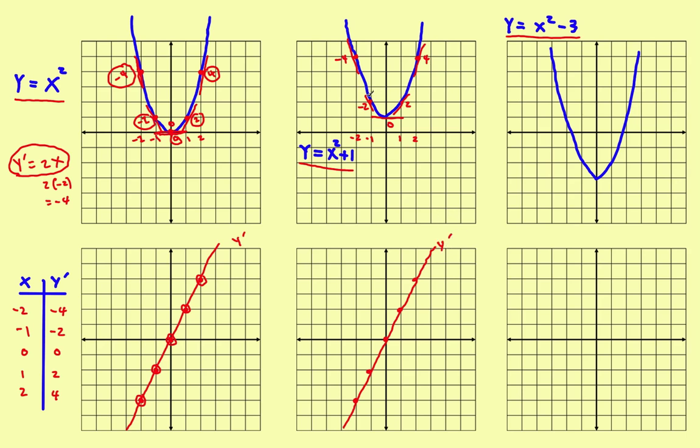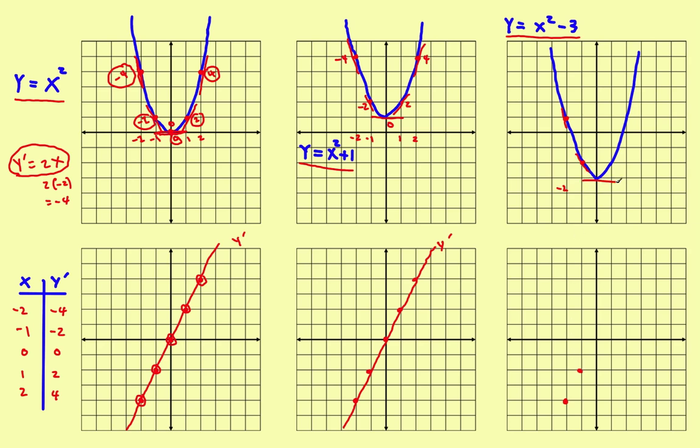So just remember that the graph of the derivative is based on the slope of the tangent line at any point. And on this one, if you were to do the same thing, if you were to go to -2, we'll run across here, -2, then the slope here would be a -4, and you'd get exactly the same graph. So at -2, you'd have -4. The slope right here would be -2.